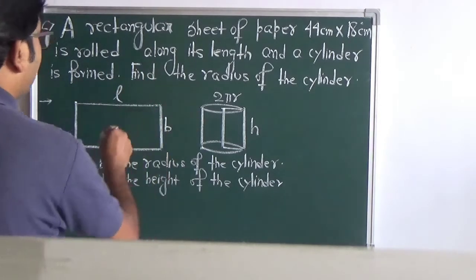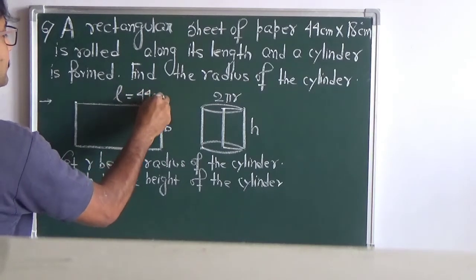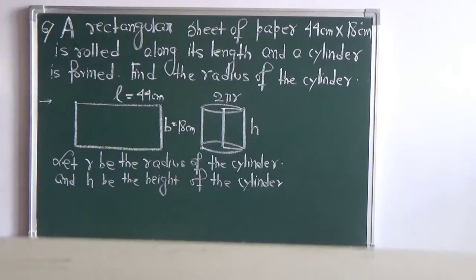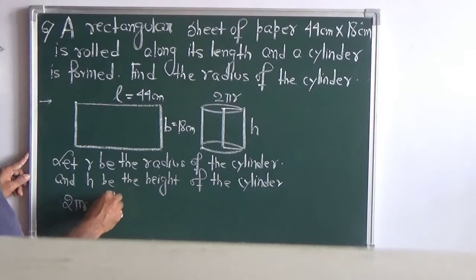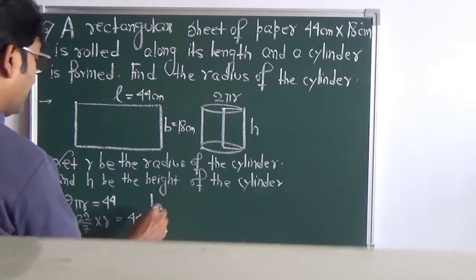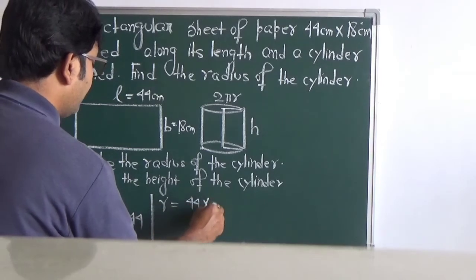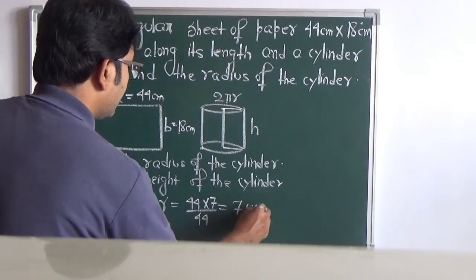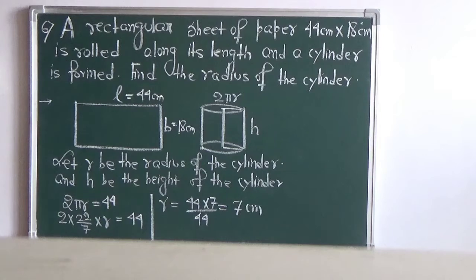We are given this L equals 44 centimeters and this B equals 18 centimeters. So obviously the value of the circumference, that is 2 pi r, equals 44. So we have 2 pi r equals 44. So you can write 2 into 22 by 7 multiplied by r equals 44. So r equals 44 into 7 divided by 44, and that equals 7 centimeters. So the radius of the cylinder is 7 centimeters.